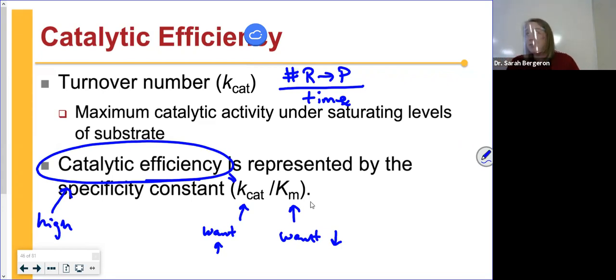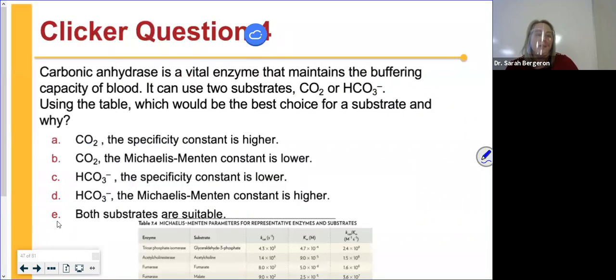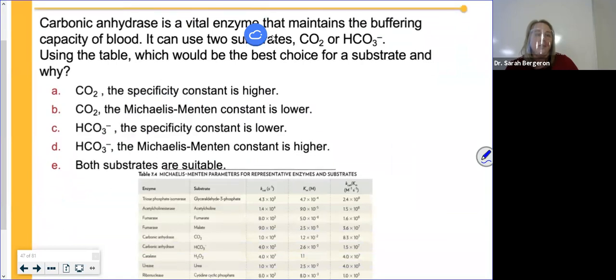You have to be able to look at this and tell me which enzyme or which substrate is optimal for certain conditions. I'm going to show you an example. Okay. So here's an example. All right, let me see if I can move some of this stuff.